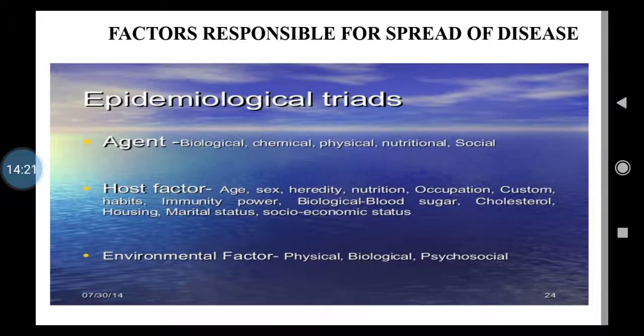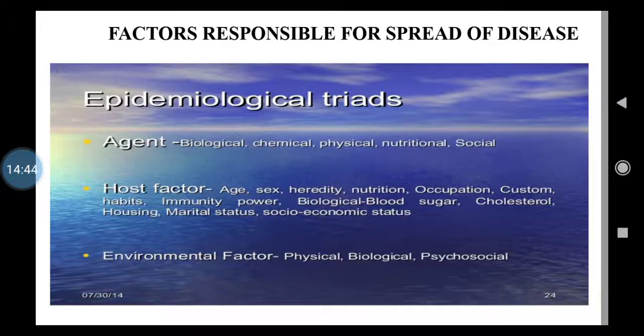So as they are given on your screen: age, sex, that is male or female, hereditary, nutrition, occupation, customs and habits, immunity. All these are important host related factors, along with marital status and socioeconomic status.